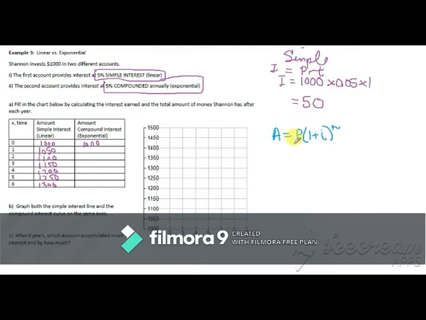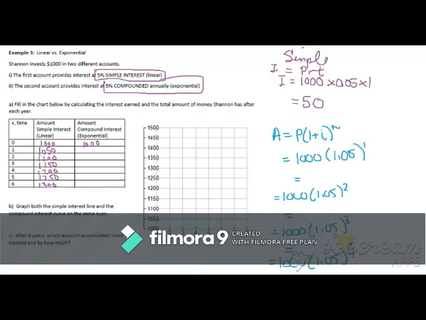So we're going to use 1,000 times 1.05 to the exponent 1. 1,000 times 1.05 to the exponent 2. 1,000 times 1.05 to the exponent 3. 1,000 times 1.05 to the exponent 4. And we're going to keep going up until 6.